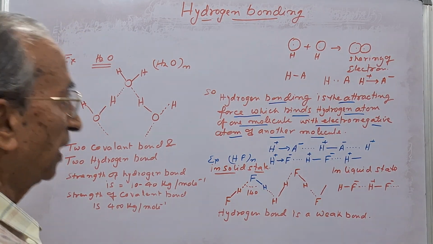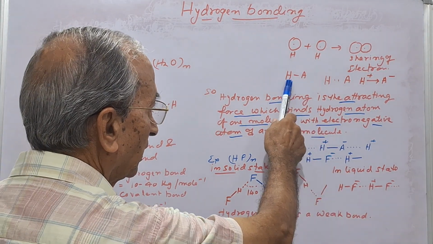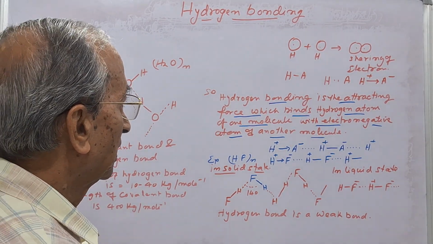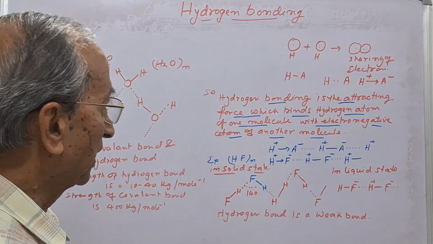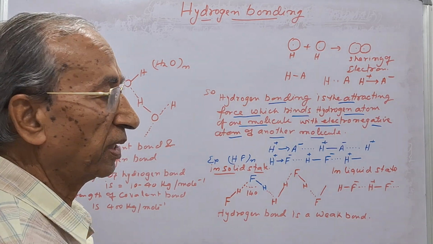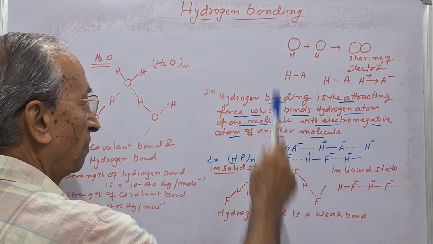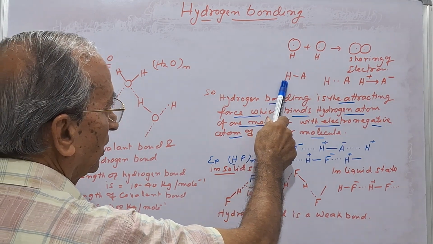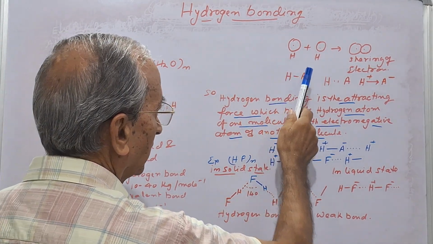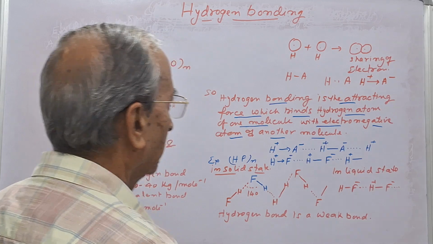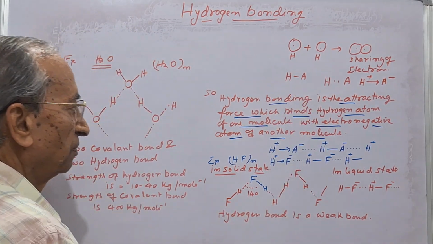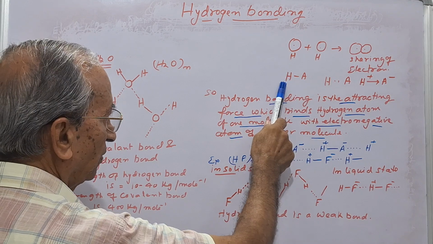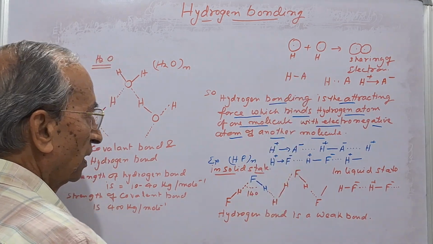But what happens if hydrogen shares an electron with a more electronegative atom? For example, hydrogen with a more electronegative atom A forms a molecule. Now here there is sharing of the electron between the hydrogen and the other atom.